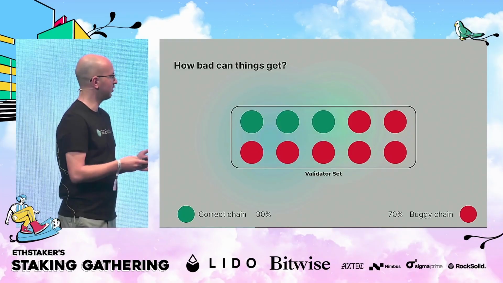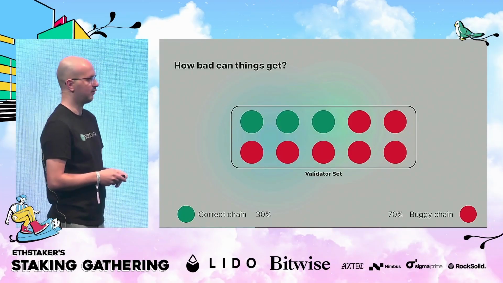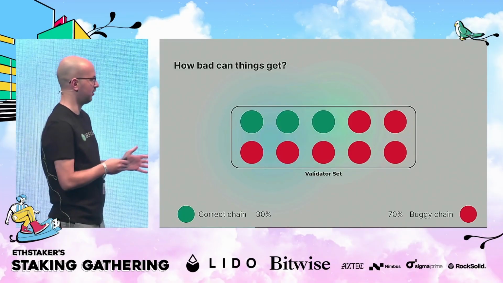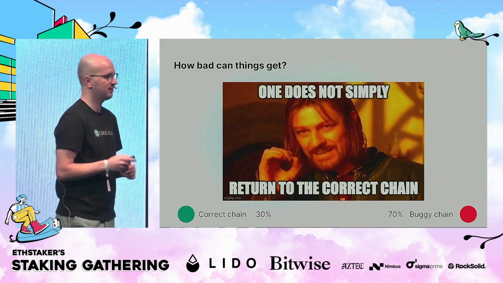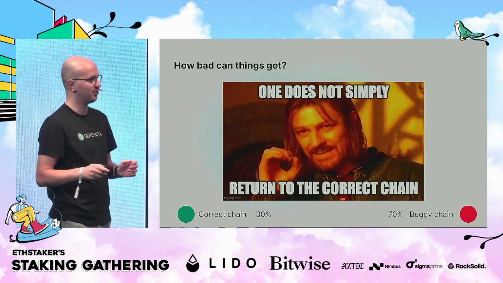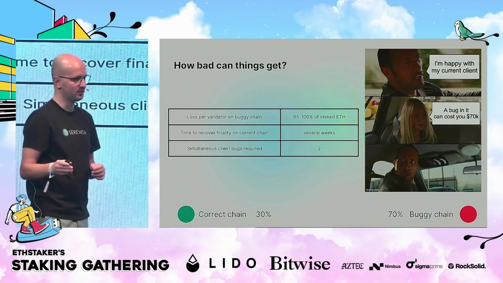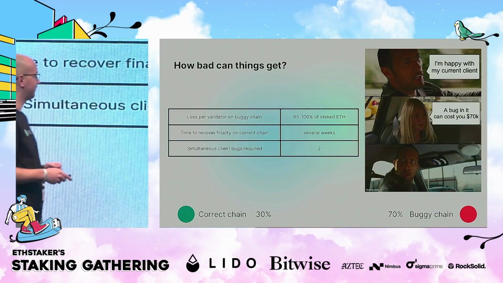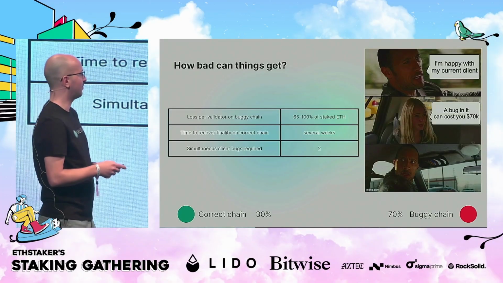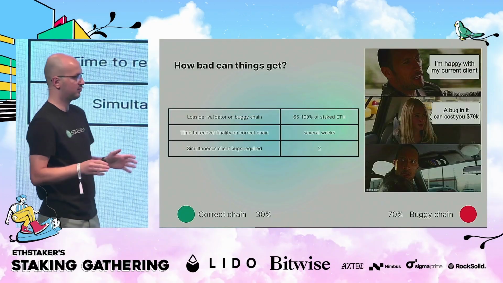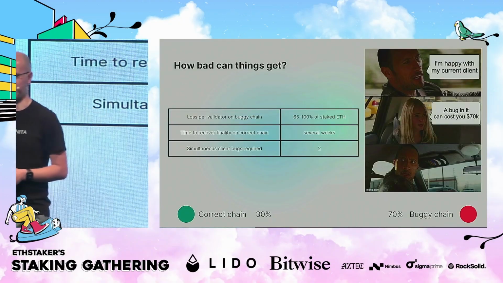And then we reviewed a Holešky kind of situation where more than 2/3 of the network is on the wrong chain, and that's where it gets very tricky, because you can't just go back to the correct chain, and you stand to lose up to 100% of your staked ETH. For this to happen on mainnet, right now 2 client bugs need to share this kind of correlated bug.